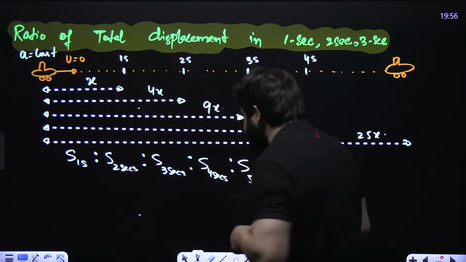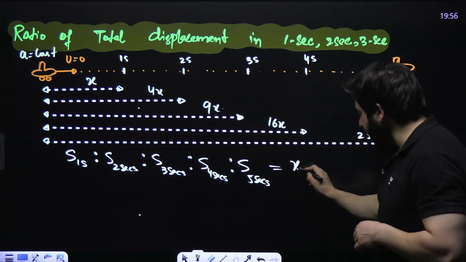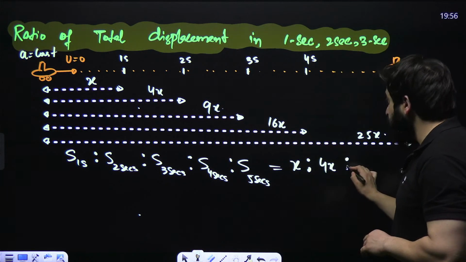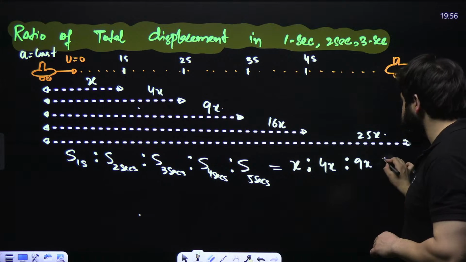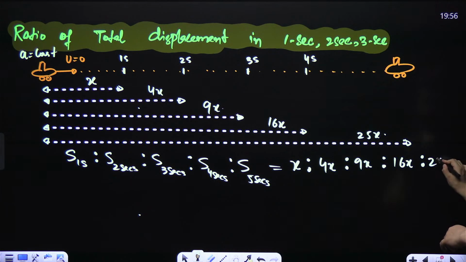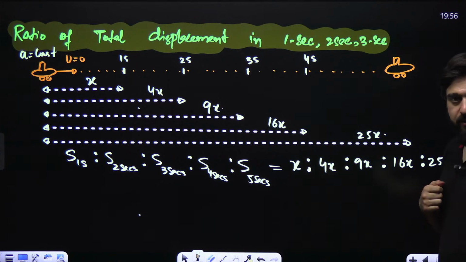Can I say this ratio will be x is to 4x is to 9x is to 16x is to 25x. This will be the ratio in this particular case.